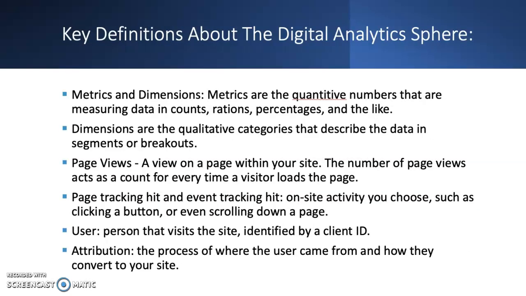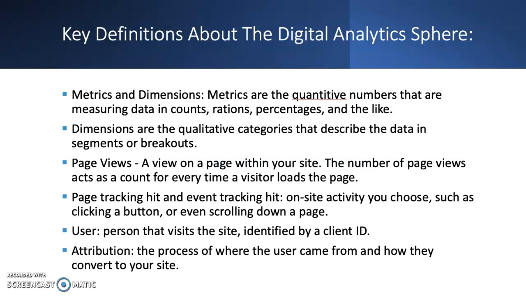Some key definitions in the digital analytics sphere are metrics and dimensions. Metrics are the quantitative numbers that measure data, such as counts, ratios, percentages, and the like. Dimensions are the qualitative categories that describe the data in segments or breakouts.